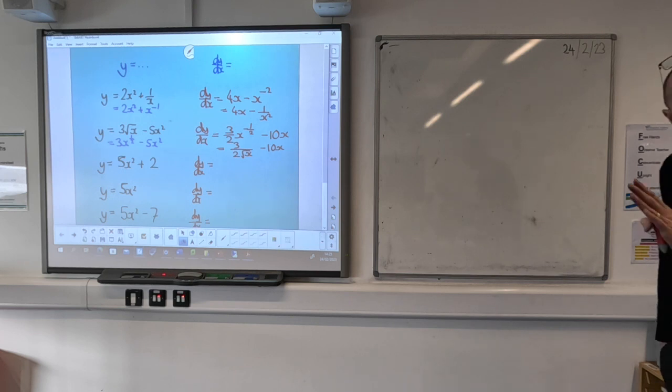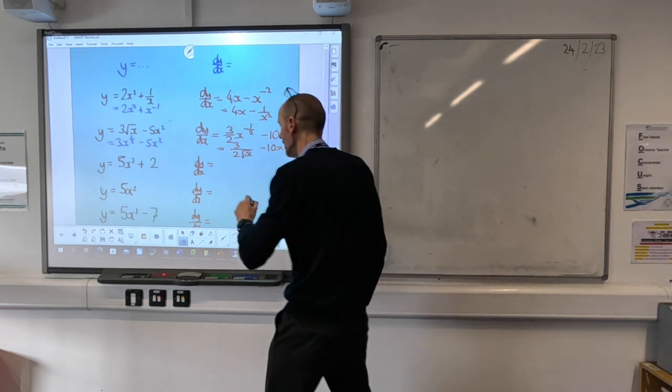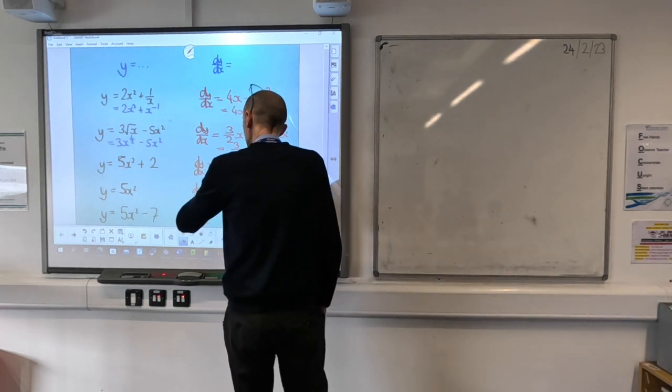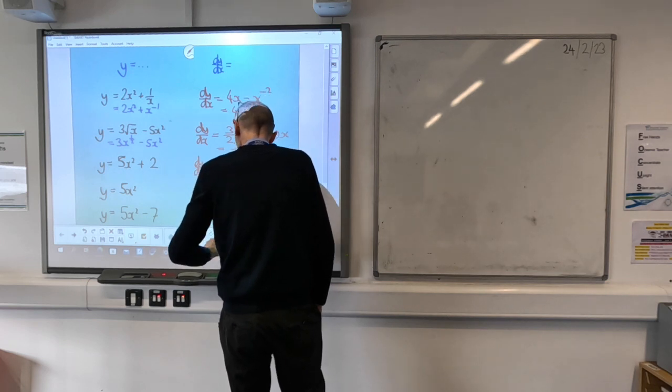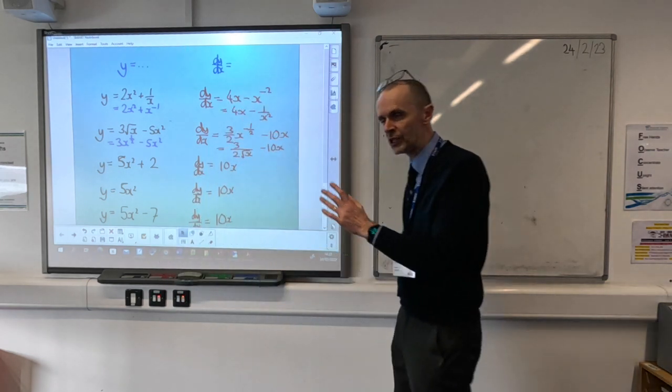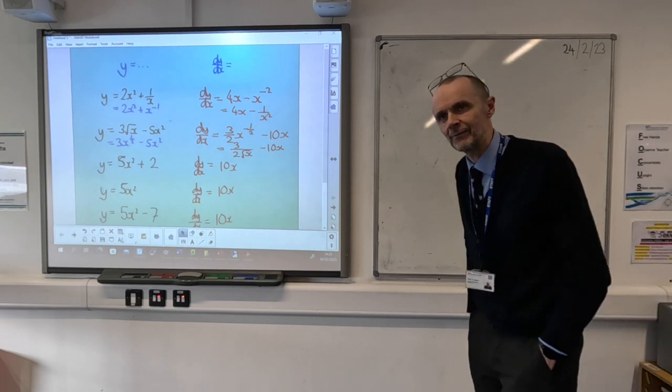And then the last 3 highlight a problem we have with where we're going next, because all of them have the same answer. When you differentiate all 3 of those expressions, you get dy by dx as 10x.